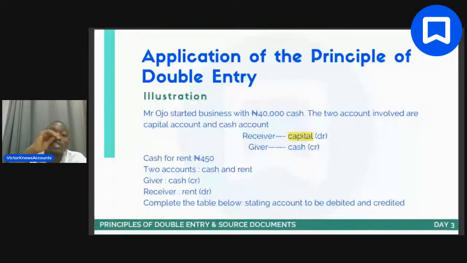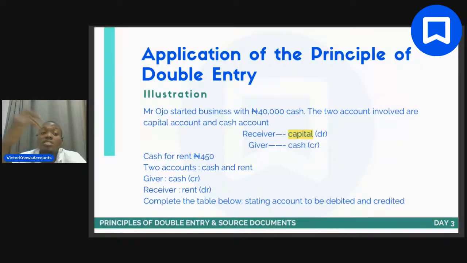All right, so you have to identify both the receiver and the giver. So you debit one account and you credit the other account.